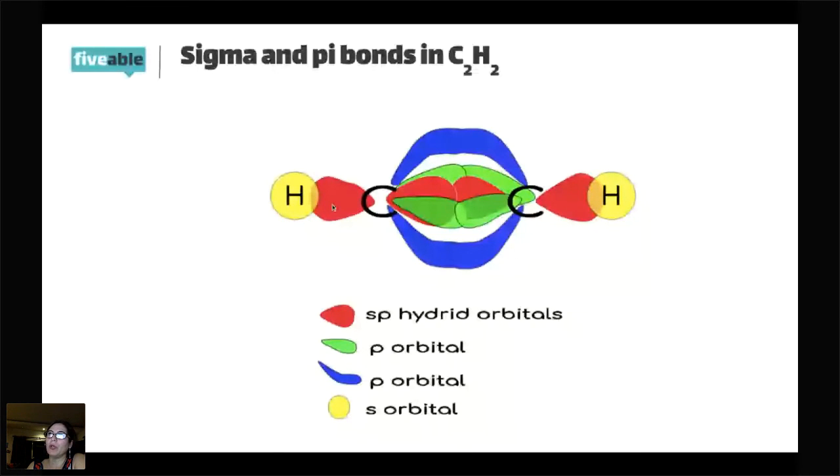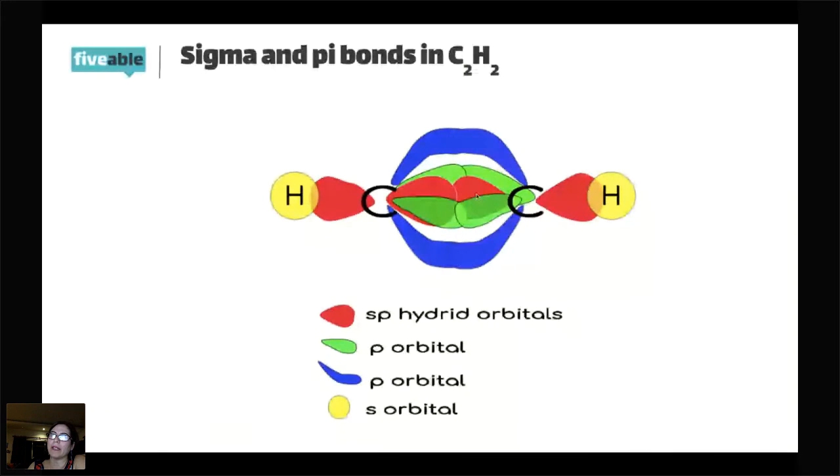What about this blue one right here? The overlap takes place here and here. Are these overlaps on the same axis as the nucleus of the carbon atoms? No, correct. So right here we have a pi bond.